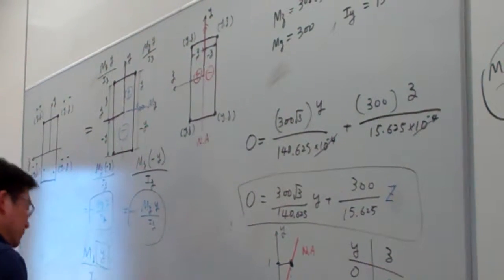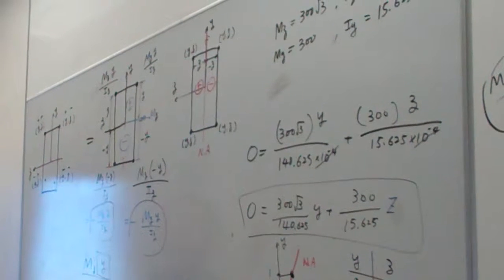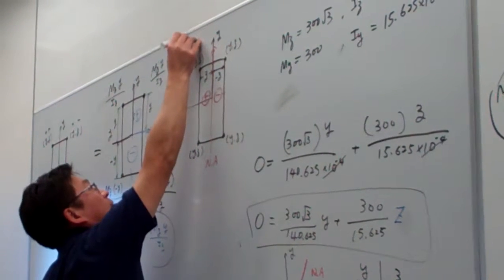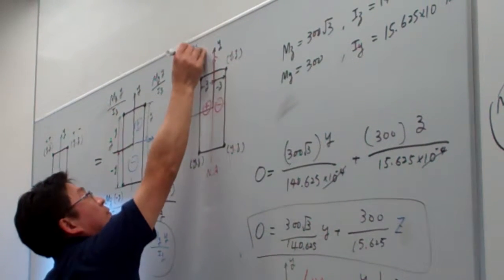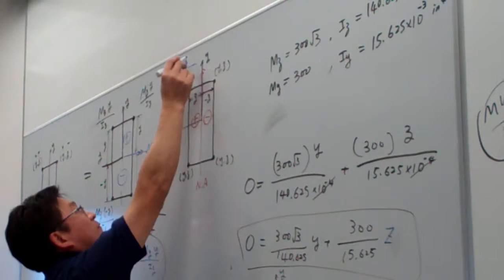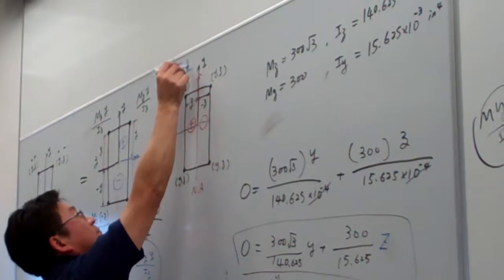the magnitude at this point is M y divided by Iy, multiplied by the distance, which is z.